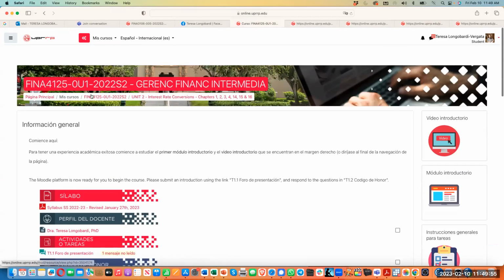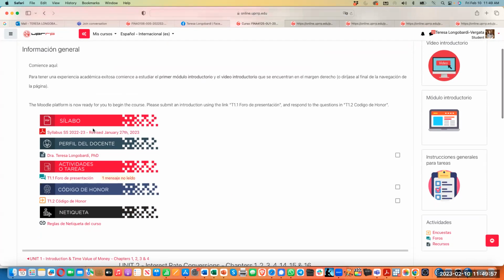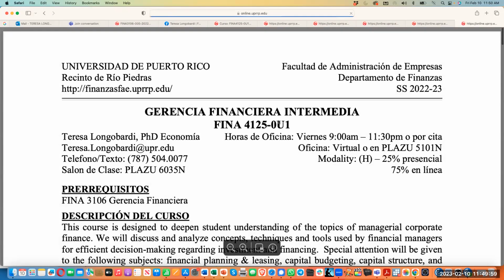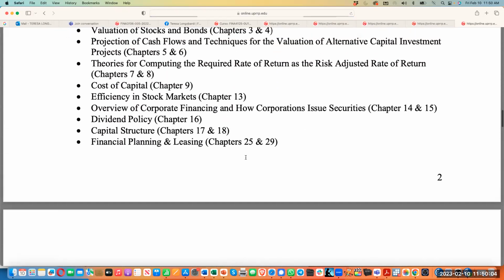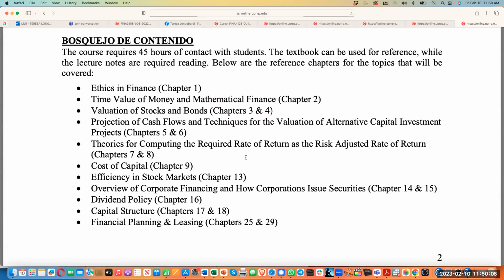Let me see the syllabus. Oh, okay, I'm thinking of a different book. So yeah, it's just going to be 1, 2, 3, and 4. In the other book that I have, 2 is something else.